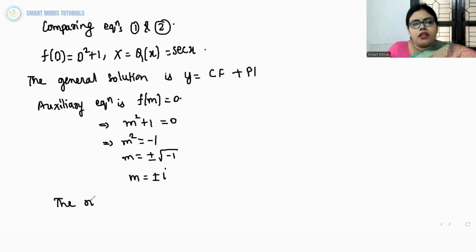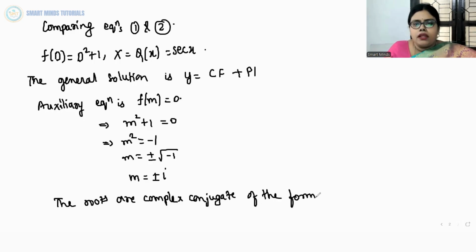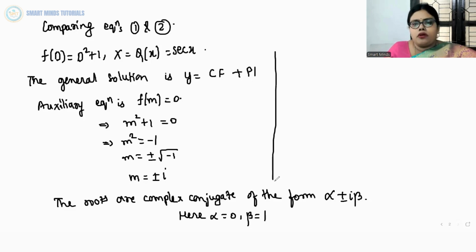Whenever you get roots in the form of i, you can say that the roots are complex conjugate, of the form alpha plus or minus i beta. So here alpha is equal to 0 and beta is equal to 1. So what is the complementary function?